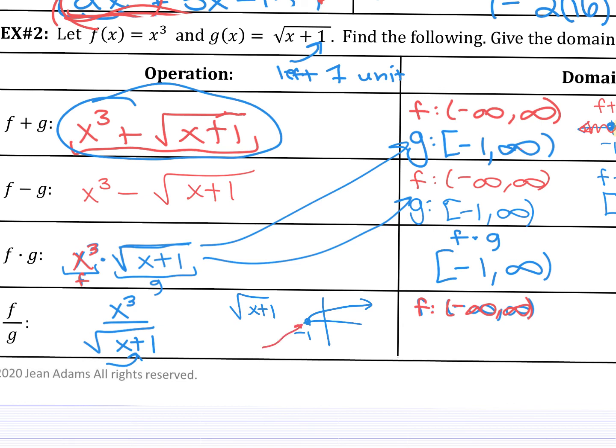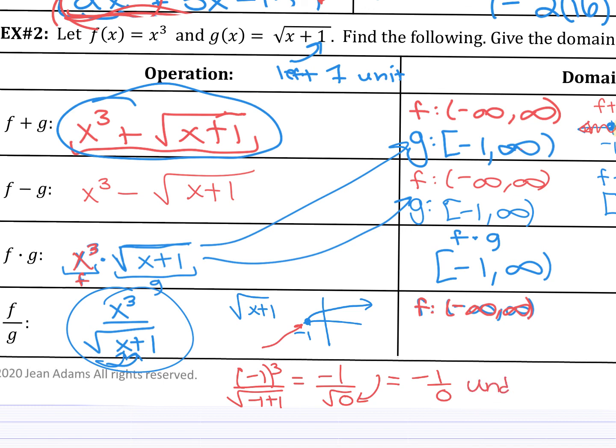because negative 1 causes me to divide by 0, right? If I look at the function right here, if I substitute negative 1 in for x, I get negative 1 cubed divided by square root of negative 1 plus 1. That would give me negative 1 over the square root of 0. Square root of 0 is 0. Therefore, I get negative 1 divided by 0. That's undefined.